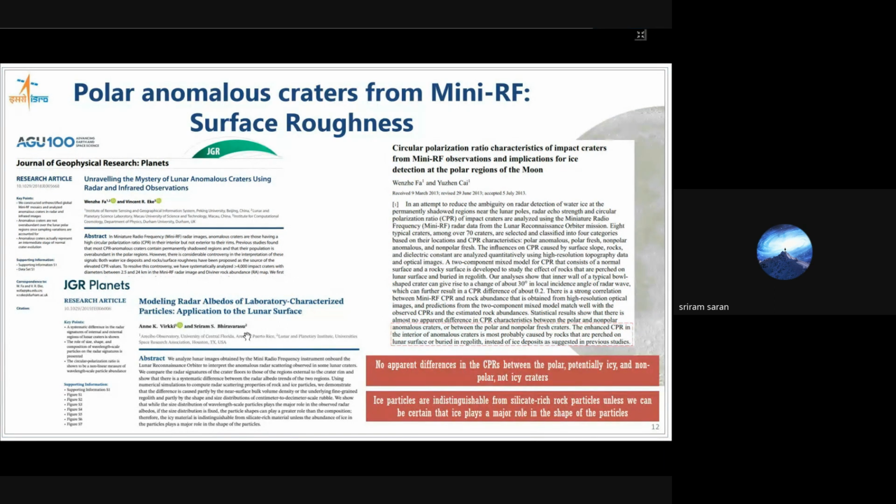So we performed some numerical simulations, taking the size, shapes, and the different dielectric constant values, and then showed that unless this ice occupies a significant part of the typical radar pixel, we cannot be sure that all these high CPR values are because of the presence of ice, but mostly it could be due to elevated roughness in those regions.